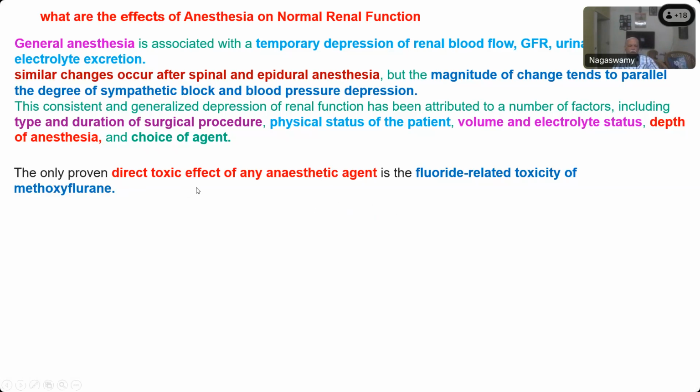So contrary to the normal oliguric renal failure, methoxyflurane produced what is called polyuric renal failure, and that is the reason it was completely banned and is not available.